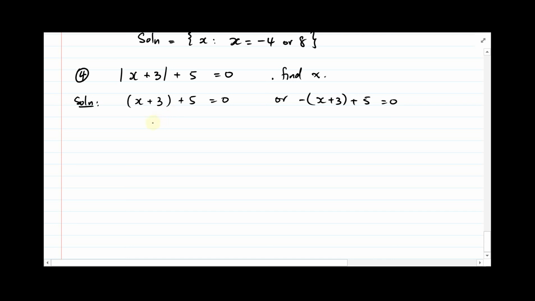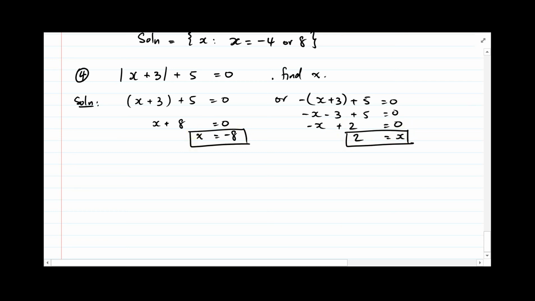Removing the brackets, I have x plus 8, so x equals negative 8. Going over here, removing the bracket, negative x minus 3 plus 5 equals 0. Negative x plus 2, and so 2 equals x. So these are my proposed solutions. So let's check.